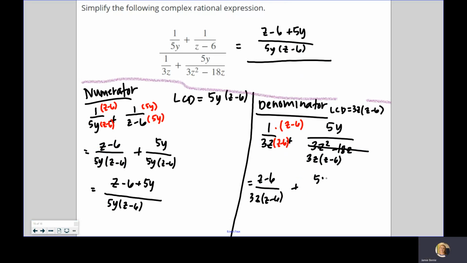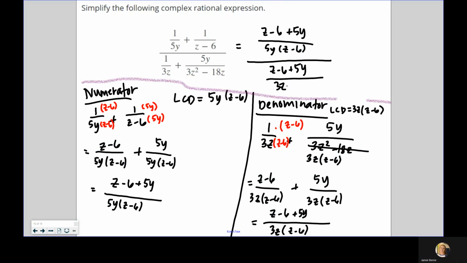Plus 5y over the common denominator, 3z times z minus 6. Then just combine the top, denominator stays the same. Z minus 6 plus 5y over 3z times z minus 6.